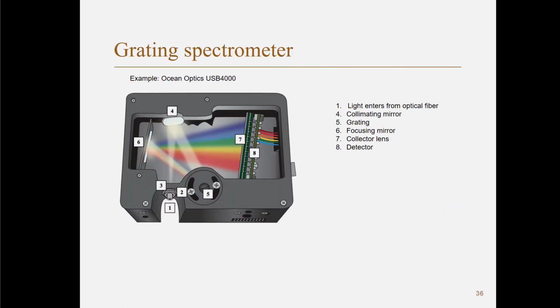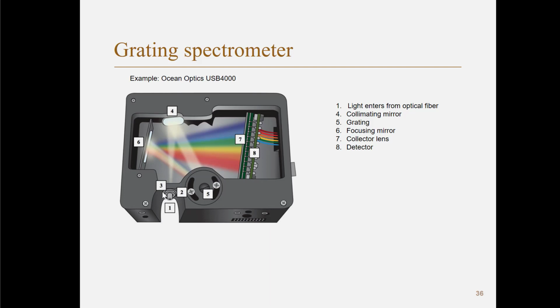Okay, let's next look at a real life example of a spectrometer. And so this spectrometer here happens to be an Ocean Optics USB 4000. And if we start down here you can attach a fiber so that you can lead the light to the detector by a fiber.